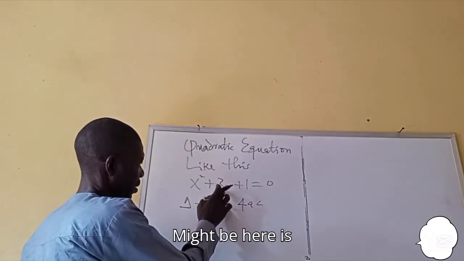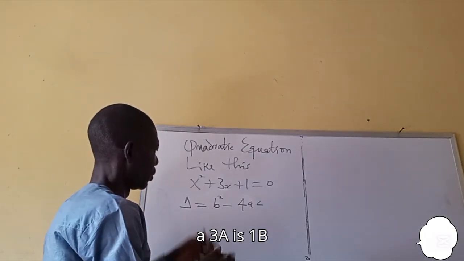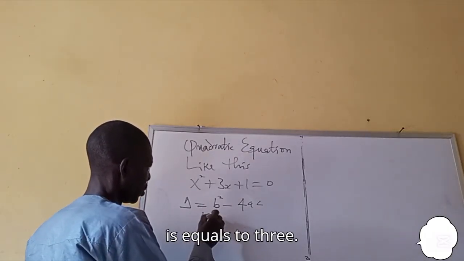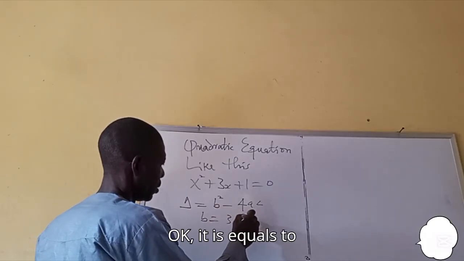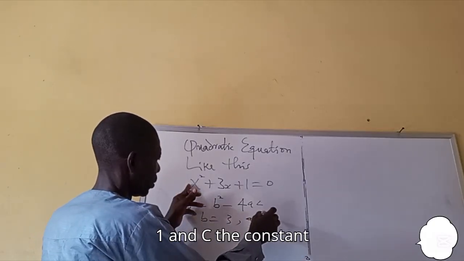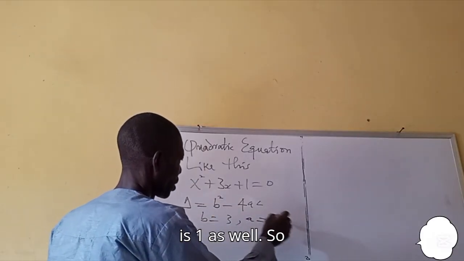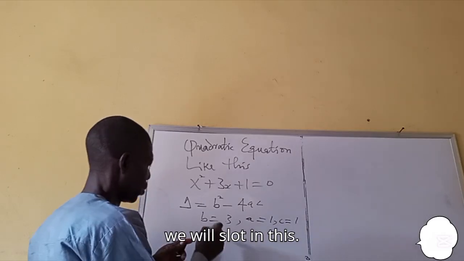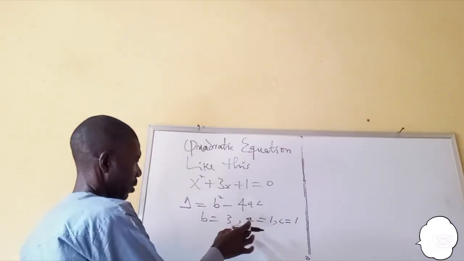My b here is 3, a is equal to 1, and c, the constant, is 1 as well. So we slot in these values.